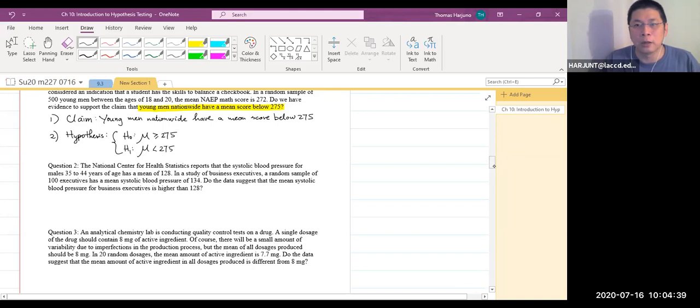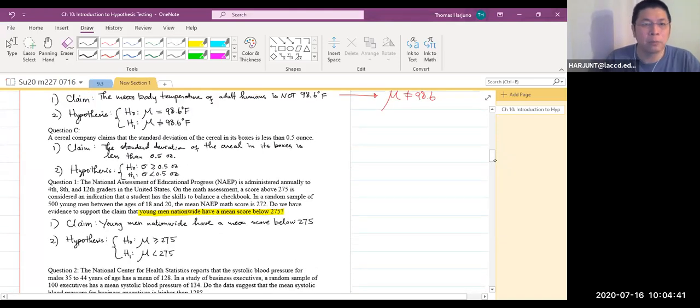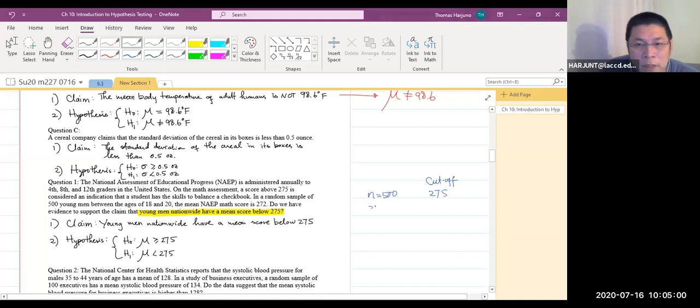Okay, but what is the main purpose of hypothesis testing? Okay, let's take a look at the following situation. They say that 275 is the cutoff score. Okay, now the thing is, with the sample size of 500, we have the sample mean of 272.